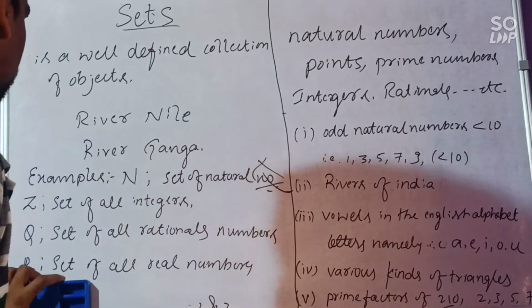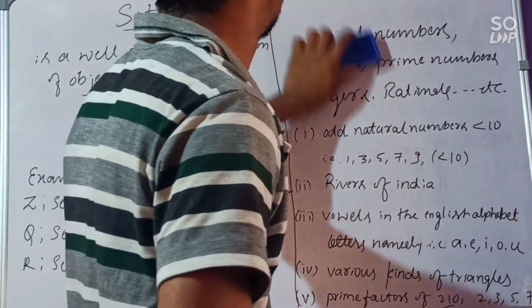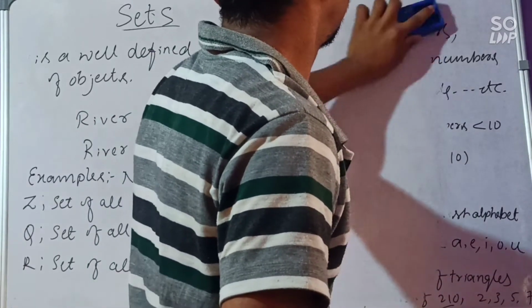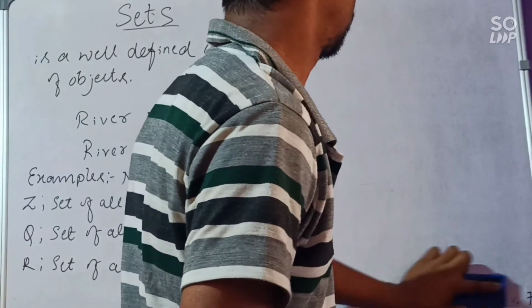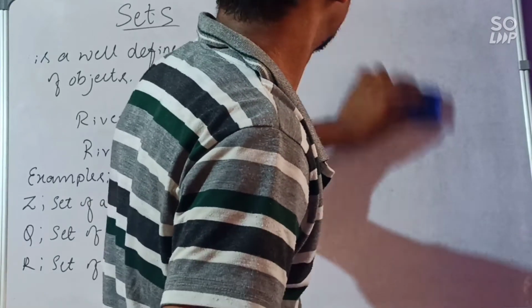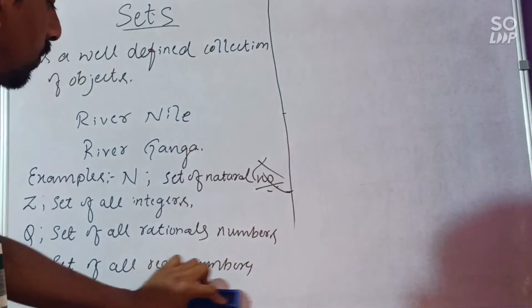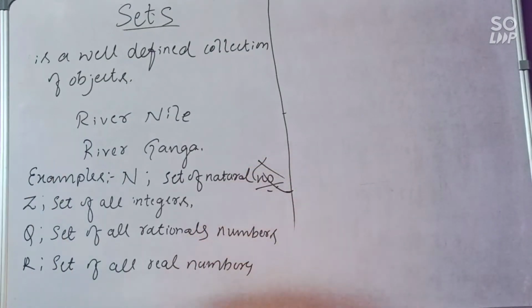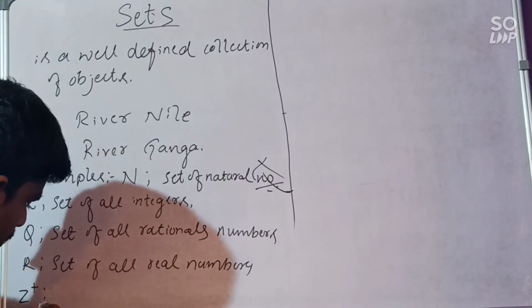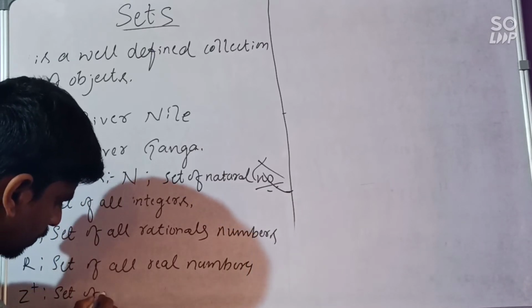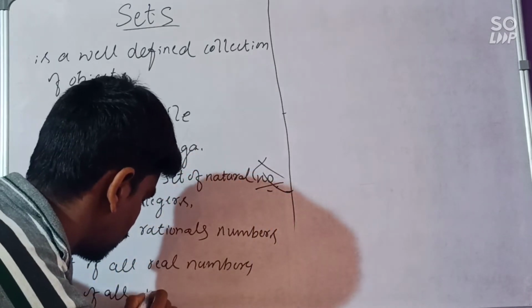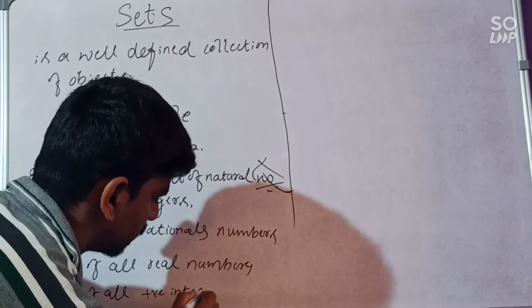And also we have seen some more examples. Capital Z plus represents the set of all positive integers.